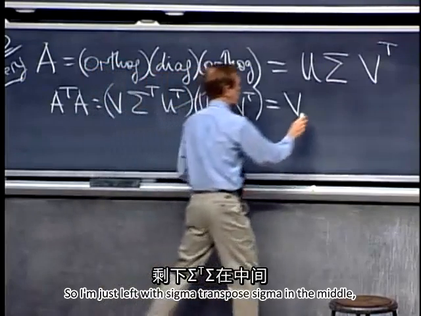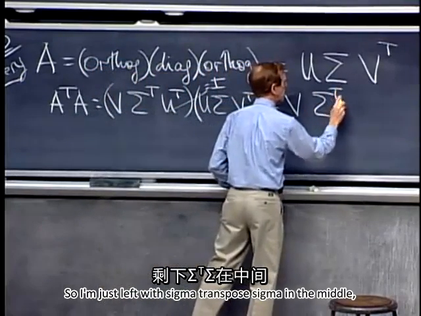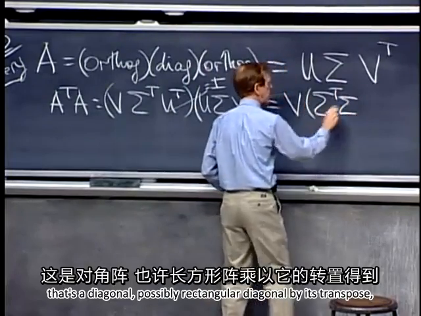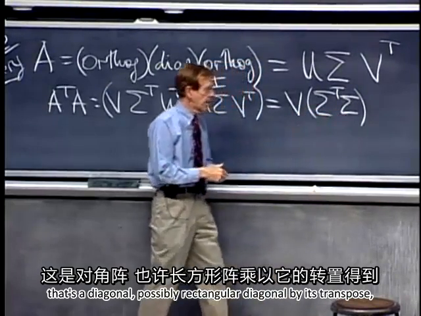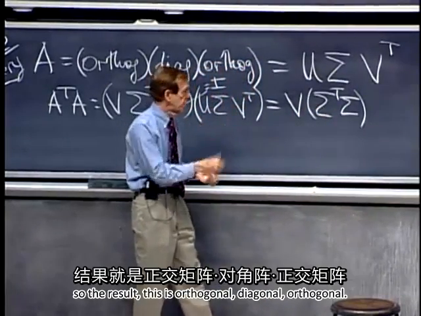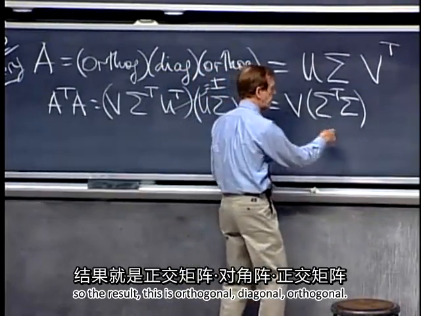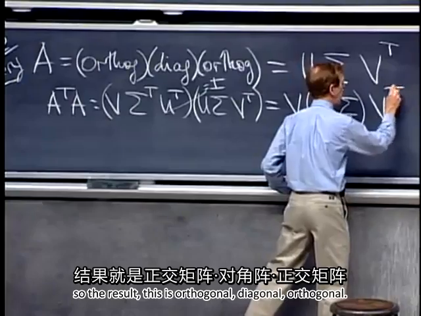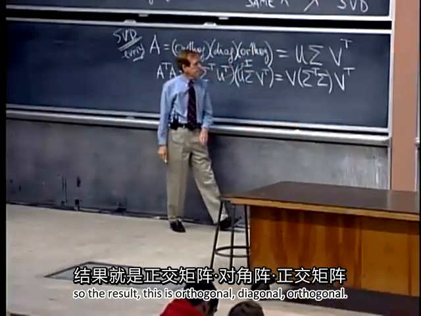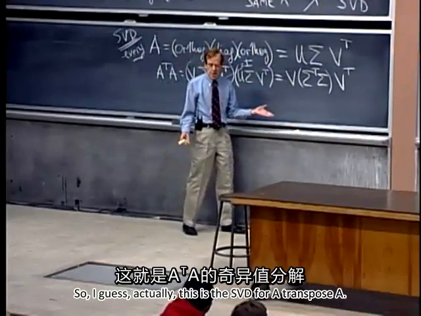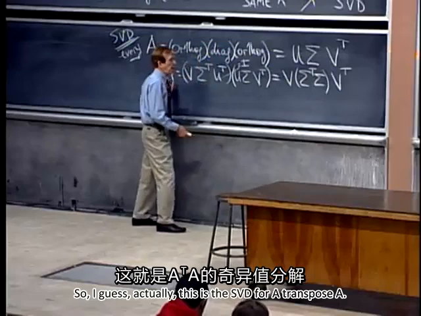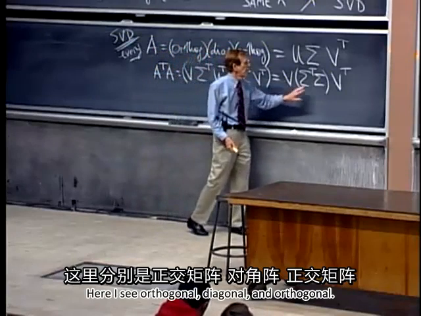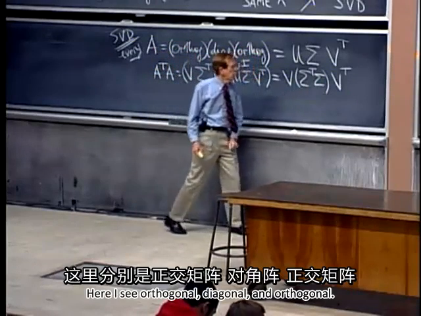So I'm just left with sigma transpose sigma in the middle. That's a diagonal, possibly rectangular diagonal, by its transpose. So the result is orthogonal, diagonal, orthogonal. So actually, this is the SVD for A transpose A. Here I see orthogonal, diagonal, and orthogonal. Great.